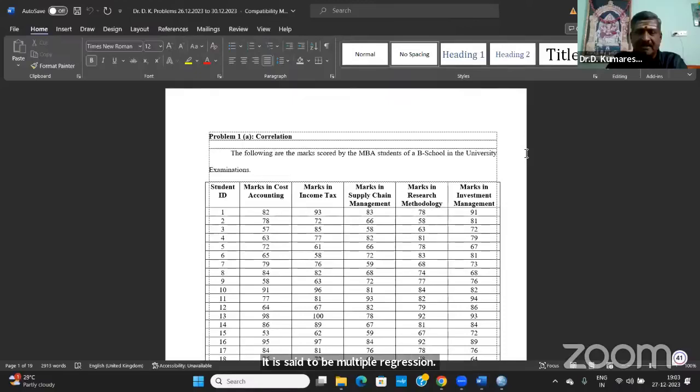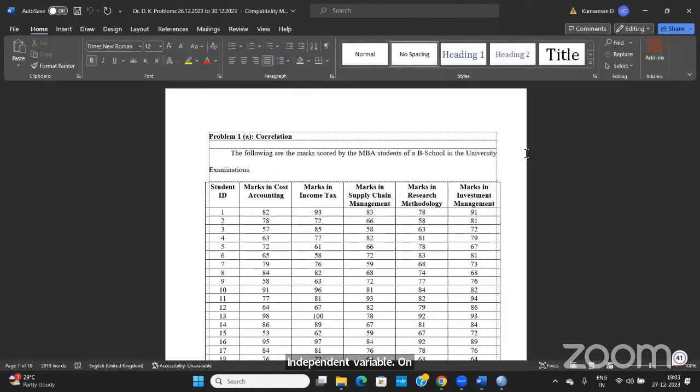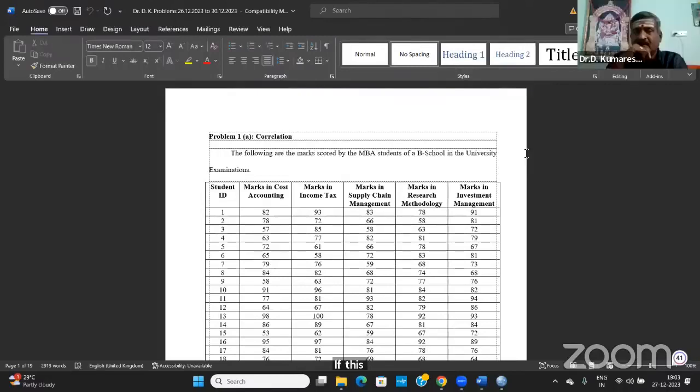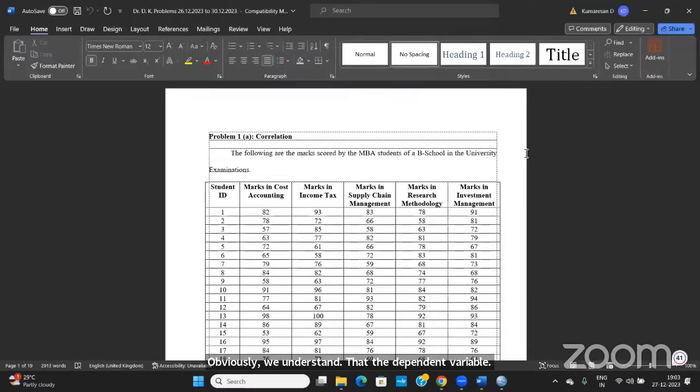So what is the influence, impact or effect of independent variable on the dependent variable? It is also a parametric test. If it is a parametric test, obviously we understand that the dependent variable must be scale data. What about independent?